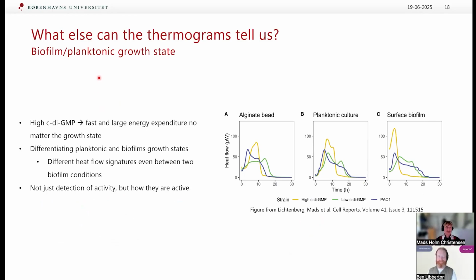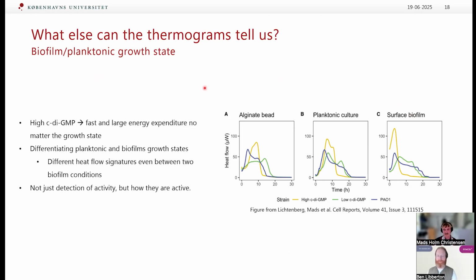So another thing that this has been used for, and this is from a former colleague of mine and former supervisor, Mads Lichtenberg, and I believe Kasper as well. They looked at some Pseudomonas bacteria where they have high cyclic diGMP and low diGMP, and then they culture them as biofilms or planktonic, and both biofilms in alginate beads and in surface biofilms.